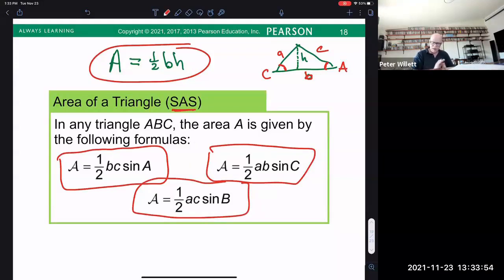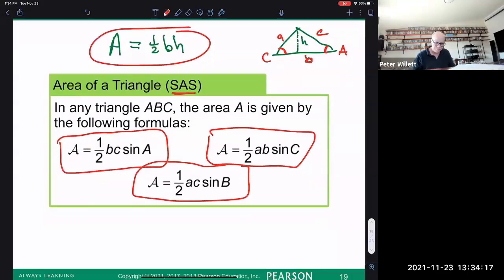So if you know any two sides of any triangle and the angle between them, you can get the area. Instead of 1/2 base times height, since one of the sides might not be the base nor the height, you do 1/2 side times side and you multiply by the sine of the angle between them. So this gives us a nice formula for the area of any triangle.